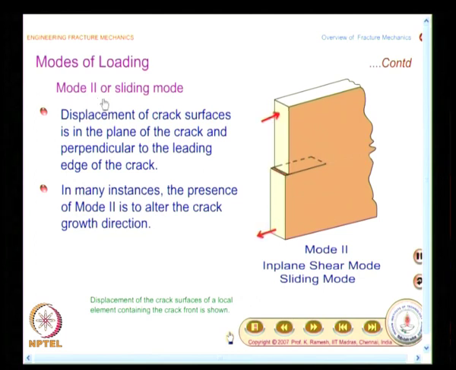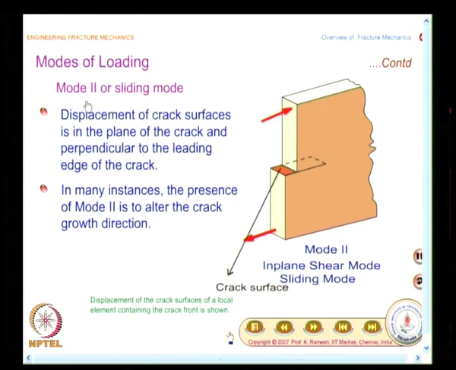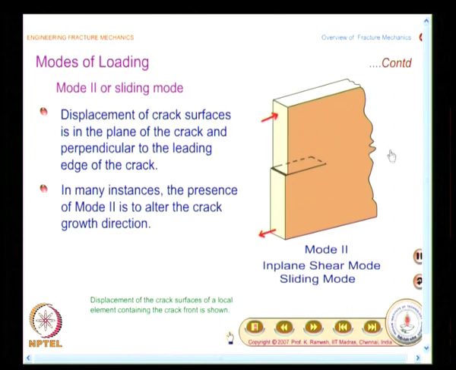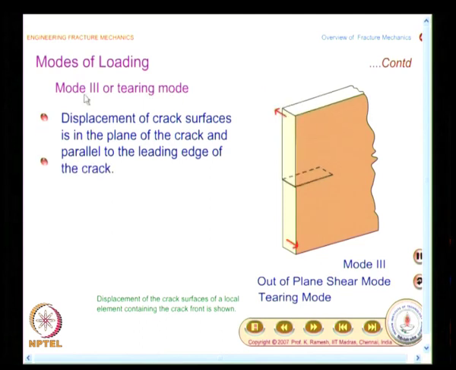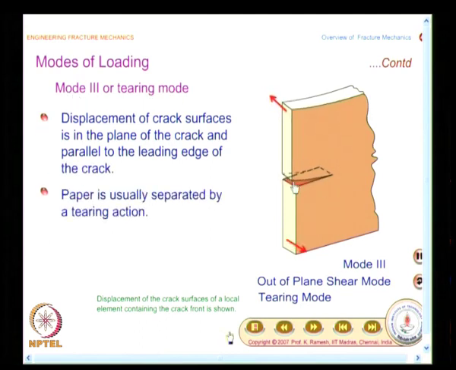In fact, if you go for bimaterial problems, apparently external opening mode can also cause a sliding of the crack faces. So it depends on the problem, we are not looking at the external loading, we look only in the near vicinity of the crack. This is the tearing mode, also called mode 3, and you will find the crack faces move in this fashion.